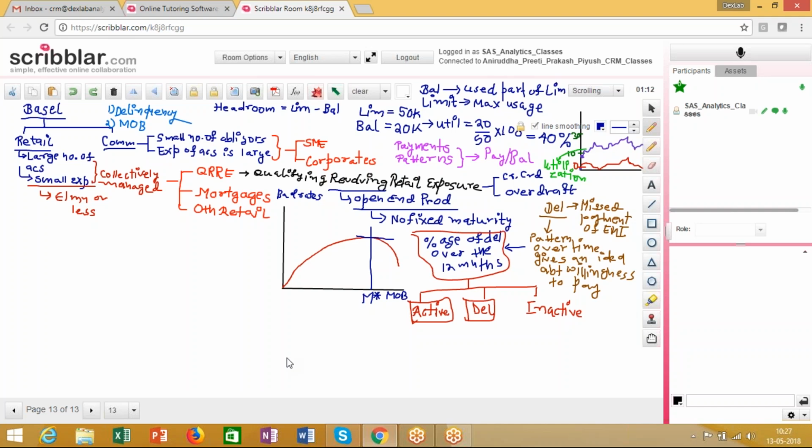Whereas if you have a lot of accounts which have month on books greater than M star, you know that your portfolio is more or less seasoned, and the chances of the borrowers to default after this point is actually very less, right? Okay. So is the idea of the seasoning analysis clear?